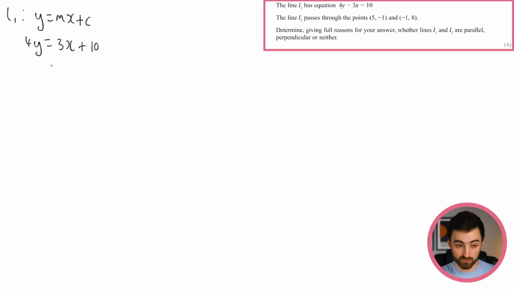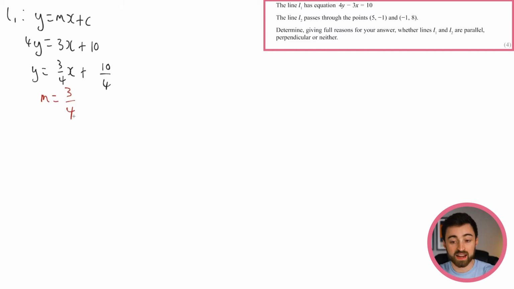I'm going to divide by the 4 to get y equals 3 over 4 x plus 10 over 4. Yes, I can simplify this, but I do not need to because the only thing I care about is the m over here, the gradient, which is 3 over 4. Now I'm going to do the same thing for L2, and I'm just going to compare the two. So how do I get the gradient of a line given 2 points? It's change in y over change in x, isn't it?